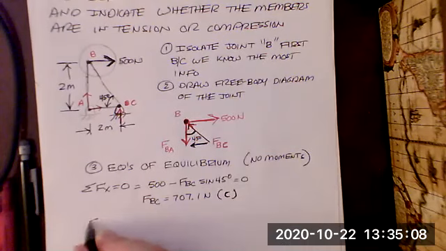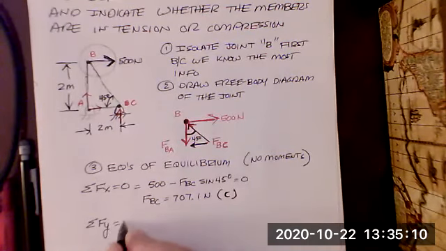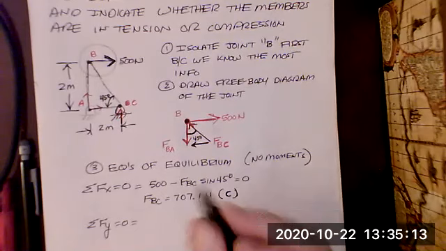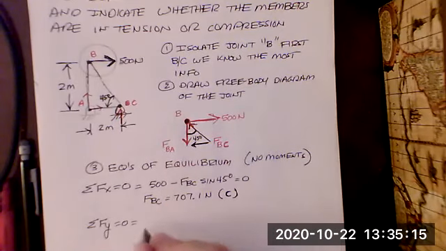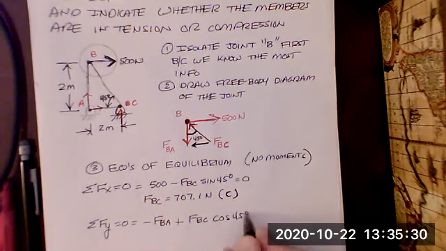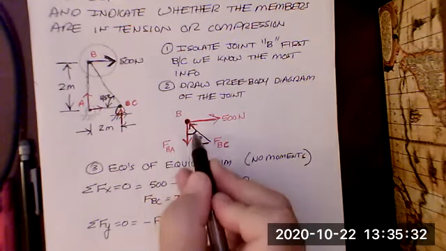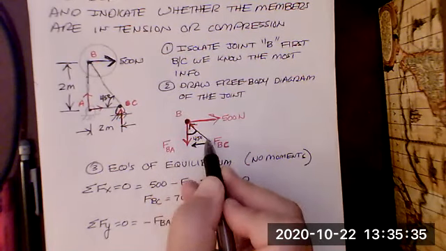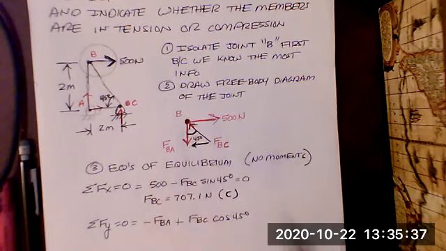I'm going to go ahead and do the sum of the forces in the Y. We got a minus FBA going down plus FBC cosine 45 degrees, because it's this angle here, plus 500.